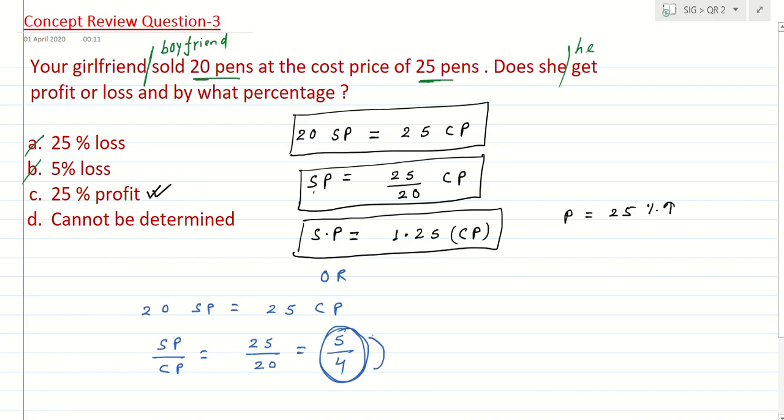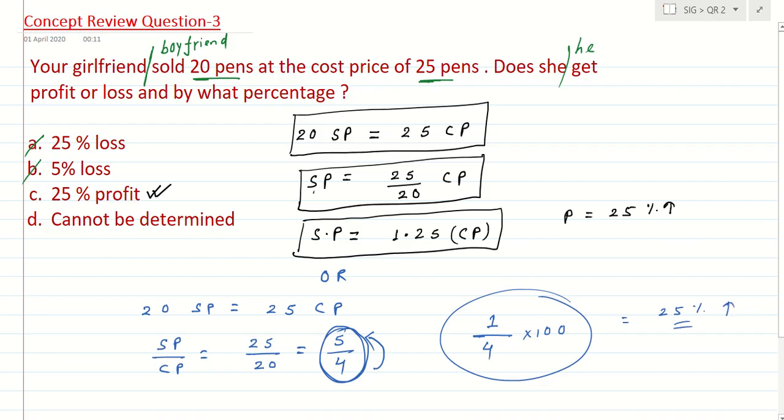So how many parts of increment? 1 part increment from CP to SP, which means from the original to the final. What is the difference? 1. What is the original? 4. So 1 by 4 into 100, that is 25%.